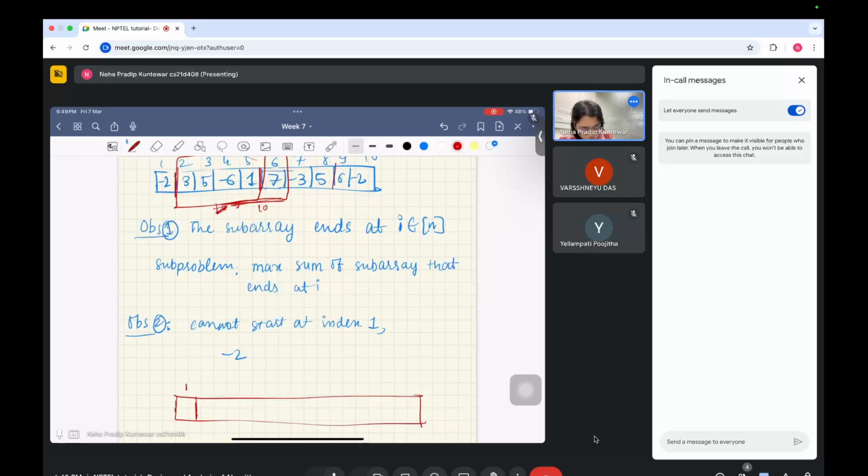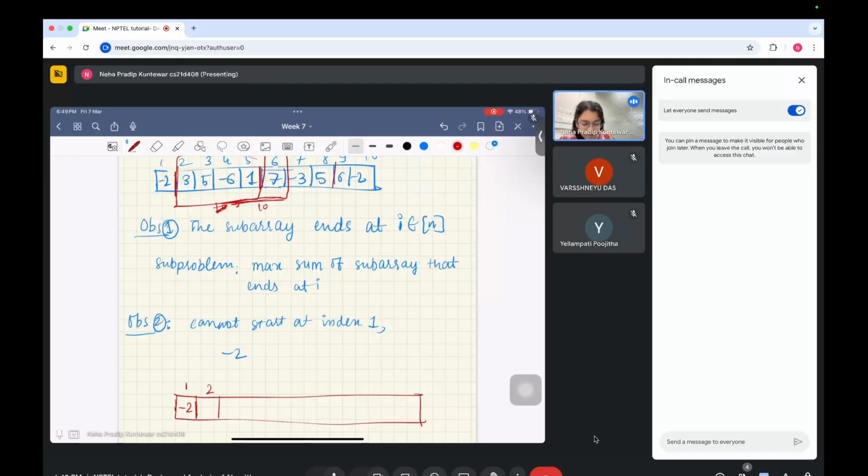It is minus 2. Okay, and then let me look at 1 comma 2. What is the maximum sum of any subarray that ends at 2? The subarrays that end at 2 are either 1 comma 2 or simply 2.